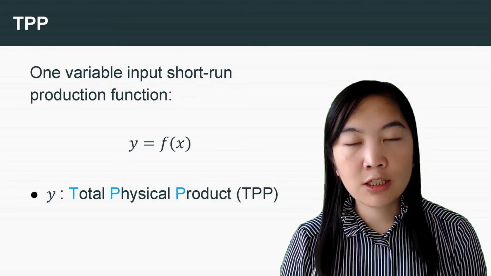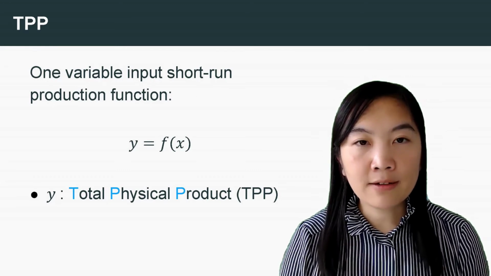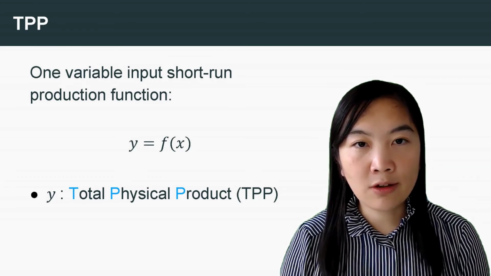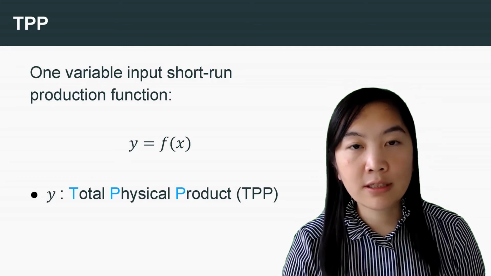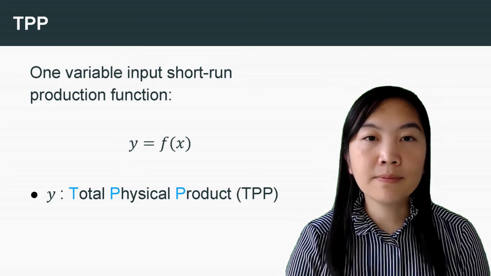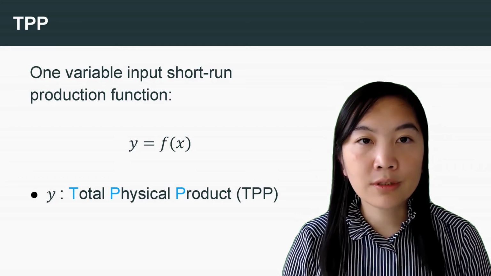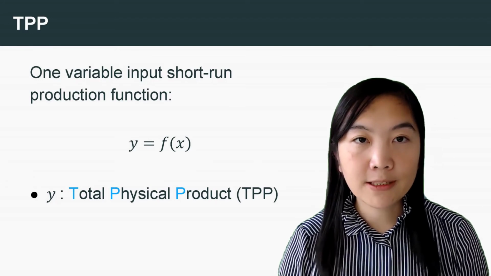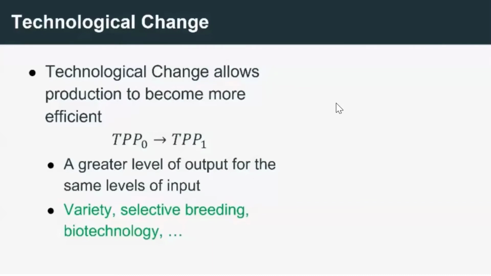And again, we need to be careful that physical here means it's not monetary and not economic, or about value. It's only about the physical product. TPP can be used to illustrate technological change. What is that?